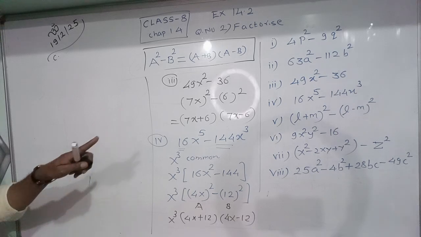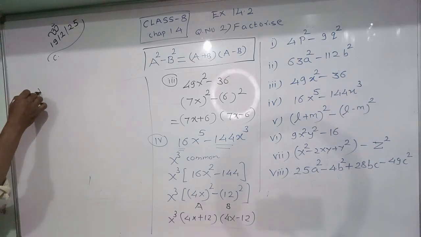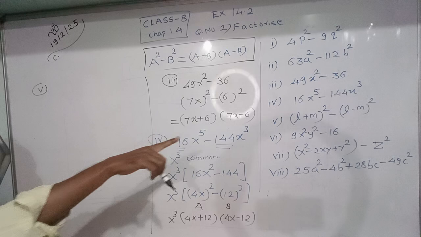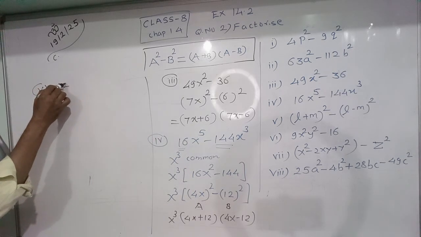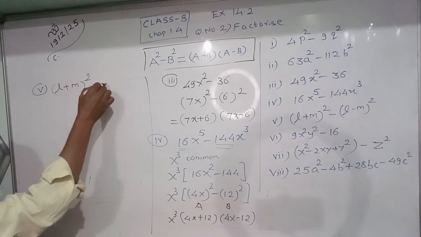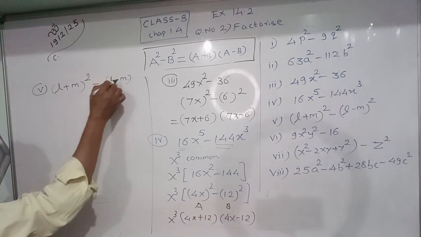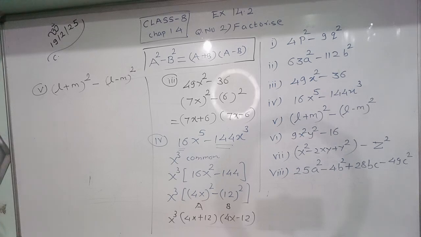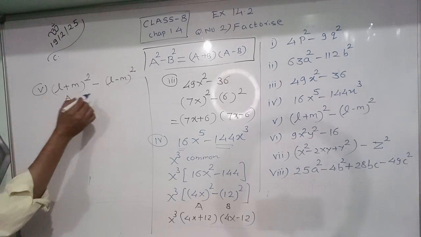Let's move to the fifth question. Now here in the fifth question, (L plus M) bracket square minus (L minus M) bracket square. This time it is already given in the form of perfect squares.